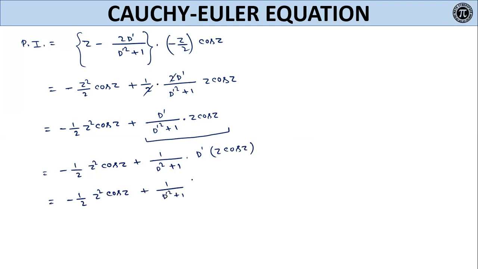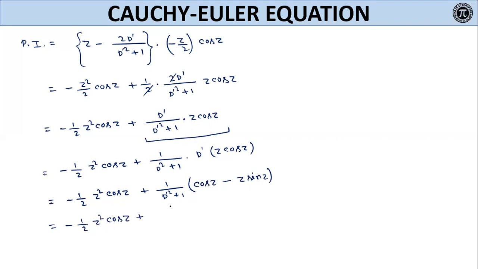What is the derivative of z cos z? Derivative with respect to z, so this will be cos of z minus z sine z. This is the derivative. Okay, so this is equals to minus half z square cos of z plus 1 by D'^2+1 cos z.